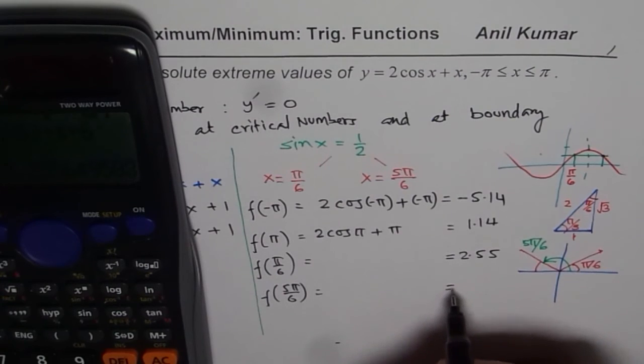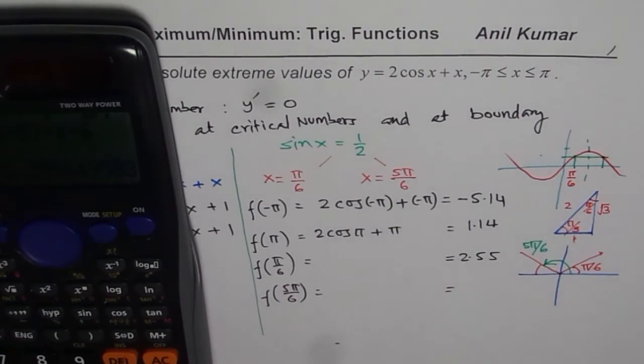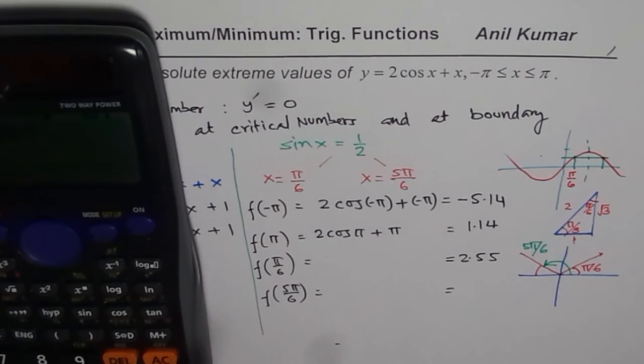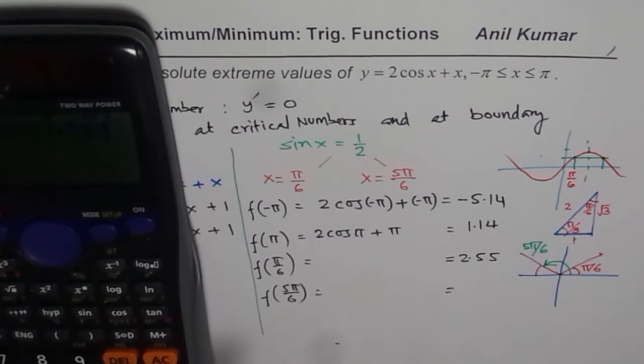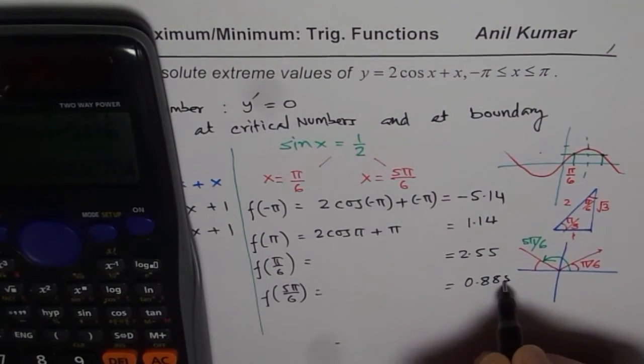We'll do the same calculation for x equals 5 pi by 6: 2 times cos of 5 pi divided by 6, plus 5 pi divided by 6, equals 0.885, right?